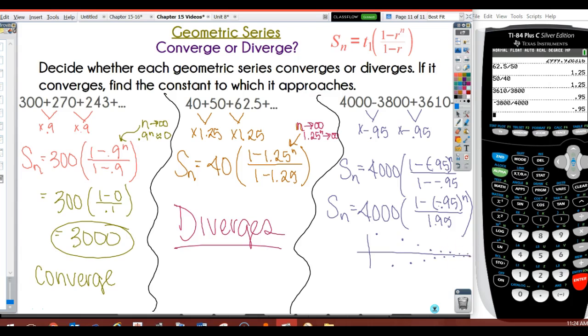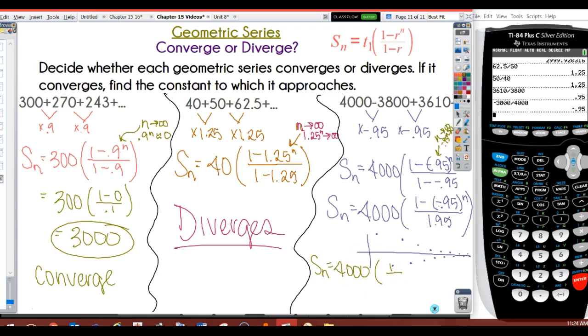So even though they're changing signs, they're still approaching 0. As n is going off to infinity, the negative 0.95 to the nth is going to 0. So if this is going to 0, we're going to replace it with a 0.